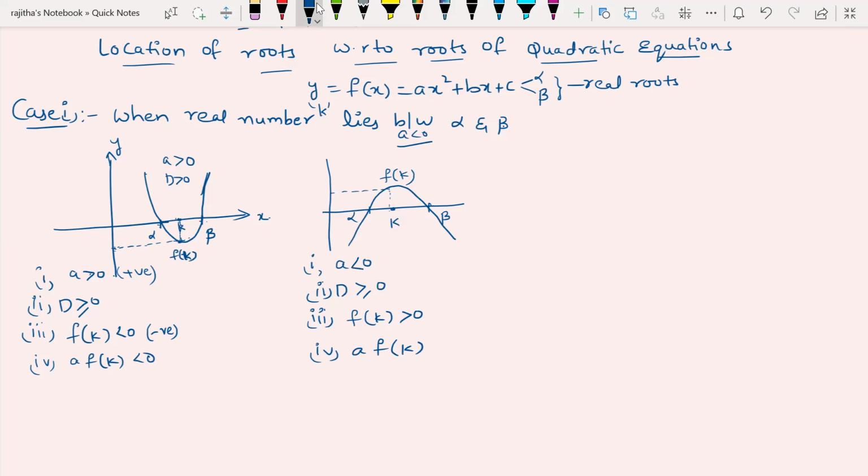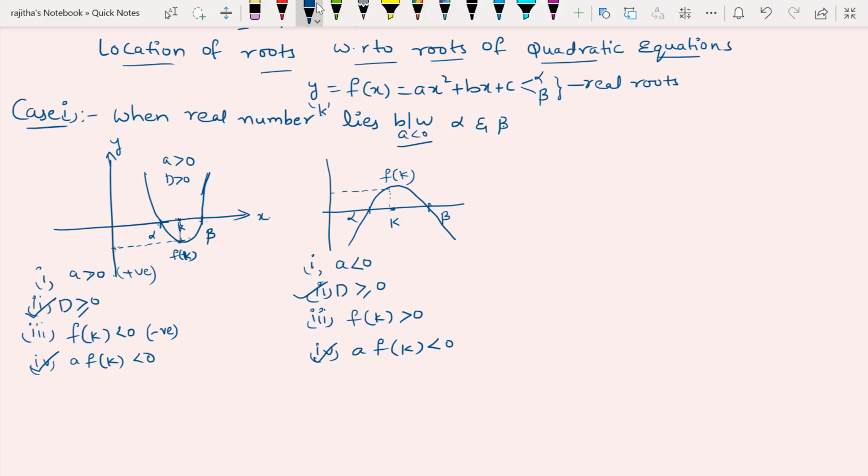Here a is less than 0, f of k is greater than 0, so a into f of k is less than 0. So in this case, what are the common points? The discriminant is greater than or equal to 0, and a into f of k is less than 0. These two are common.